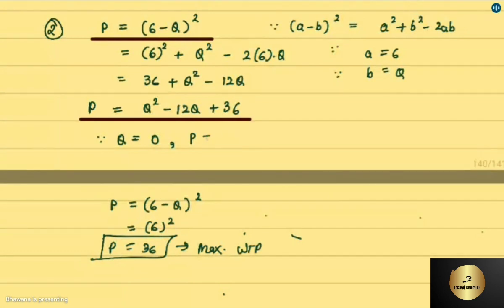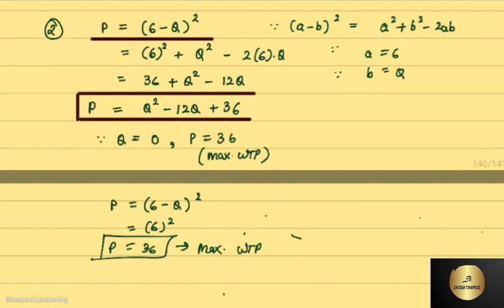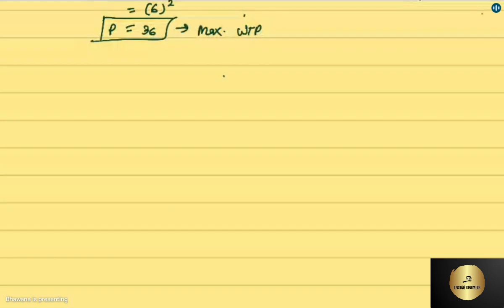So when q is equal to 0, your price is equal to 36, maximum willingness to pay. Okay, and this is the expanded form that we are going to integrate. Now we will put these values in our consumer surplus formula. So we are going to integrate it.